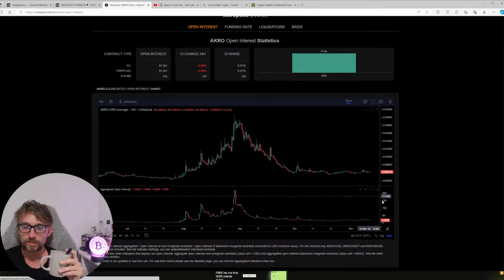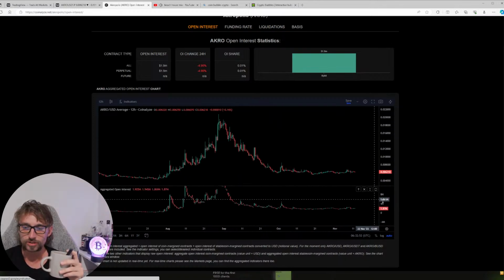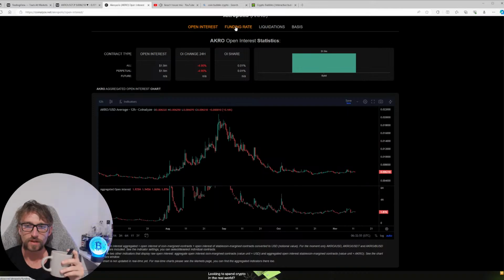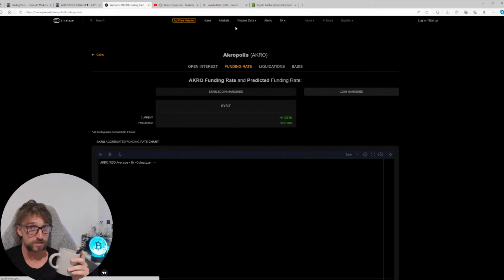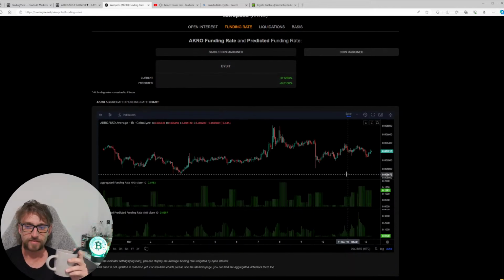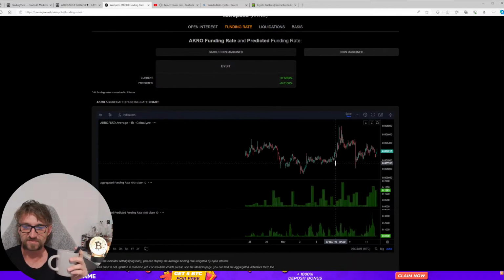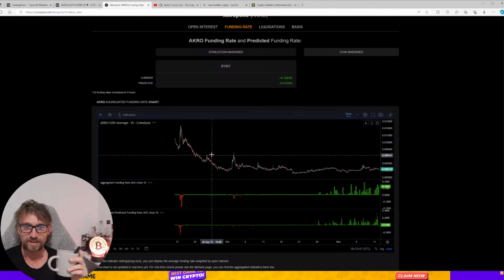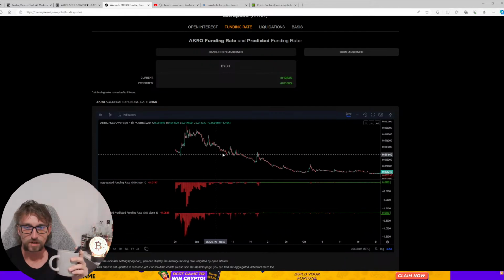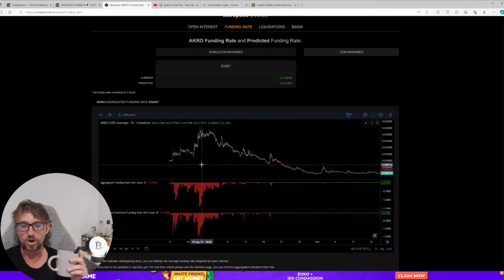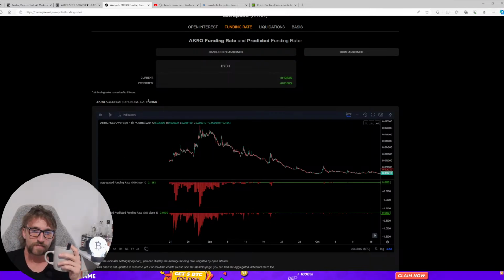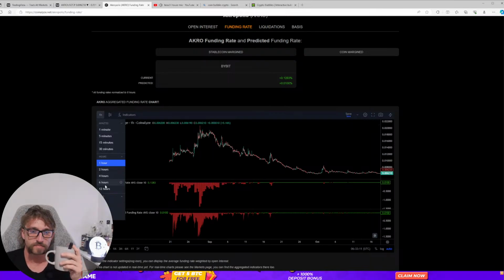Oh man, open interest 20x lower than it was. Does this thing even see any red ever? Oh. Holy fuck. That's not what I was expecting.